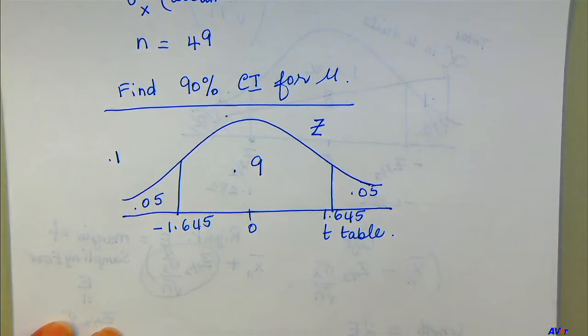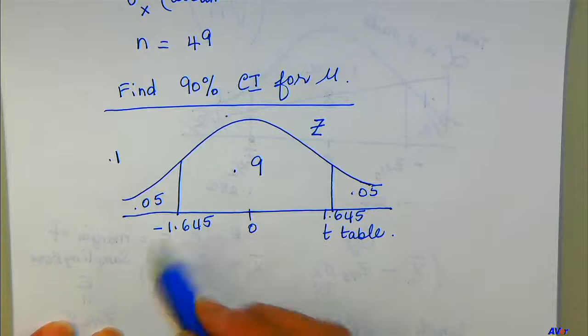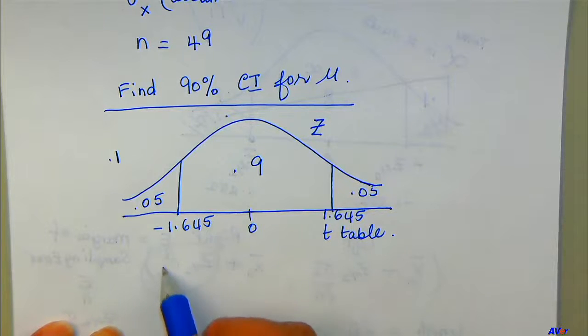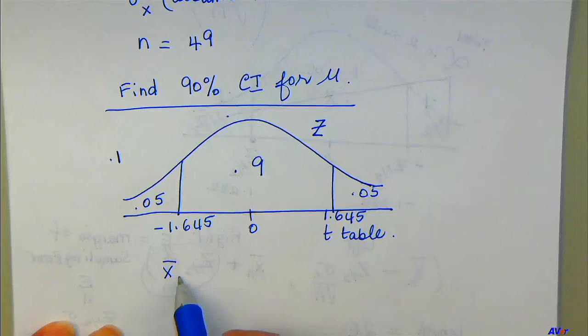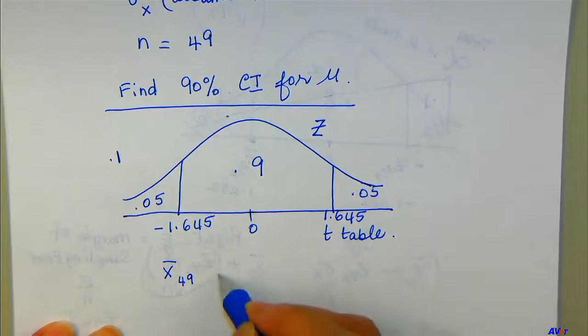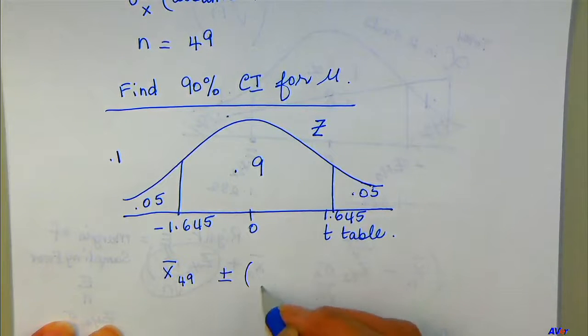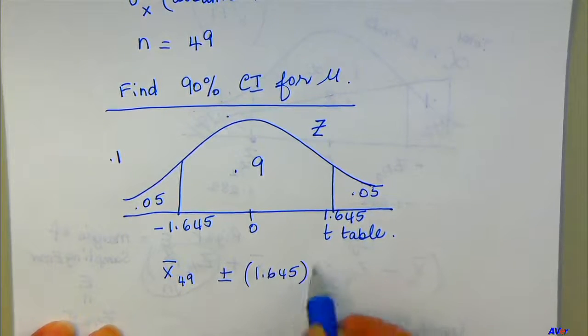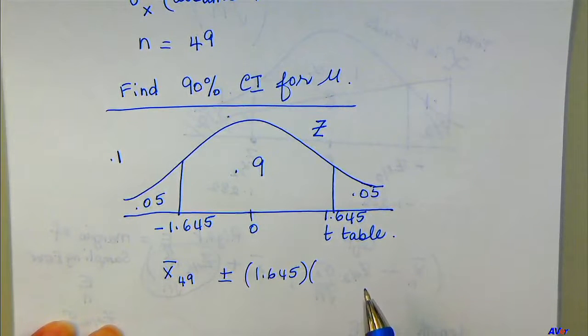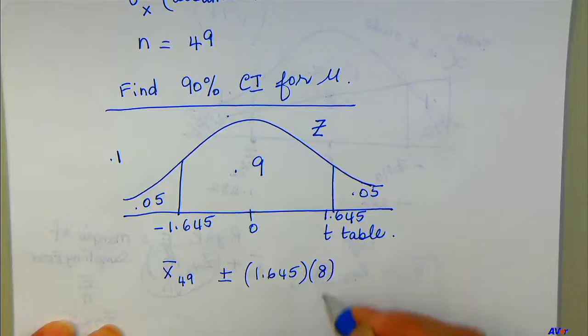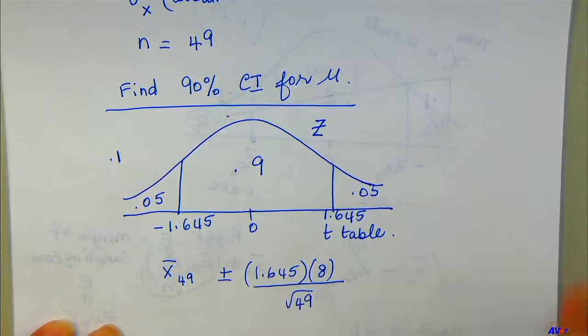So I'm looking for a 90% CI. So it's going to be x bar, n is 49, plus or minus Z alpha over 2, which is 1.645, sigma 8 over root n, root 49, which is 7.